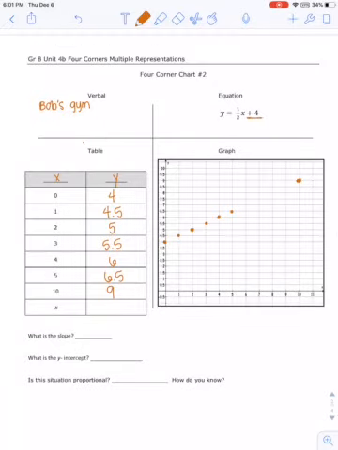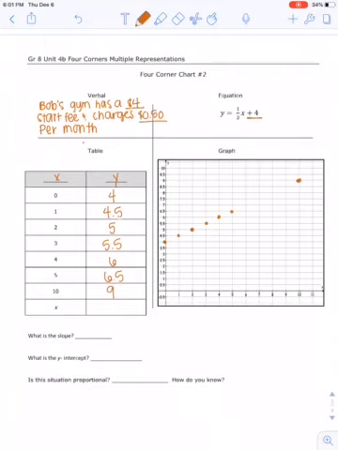So Bob's gym has a $4 startup fee for your membership, or membership fee, or whatever you want to use, and charges 50 cents per month to be in the gym. You can write whatever sort of situation you want, as long as it has a rate of change of 5/10 and a constant of 4.